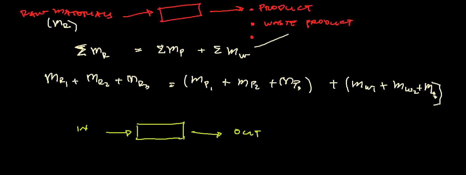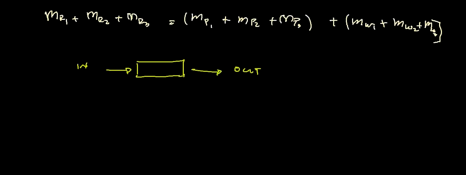Then there are times, or realistically there are some materials that are being stored here in the operation. Maybe some quantities are stuck in the equipment and so on. So there is a material that is being stored during the operation.